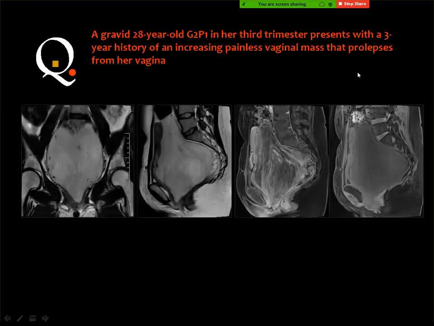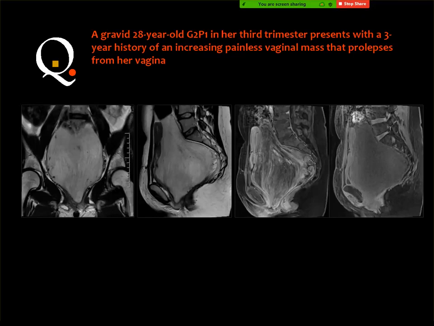This patient is pregnant and has a 3-year history of painless vaginal mass that prolapses from the vagina. Perhaps perisacral epidermoid?